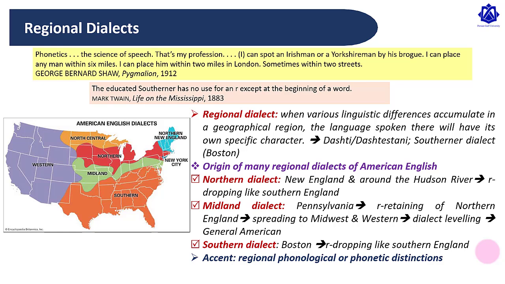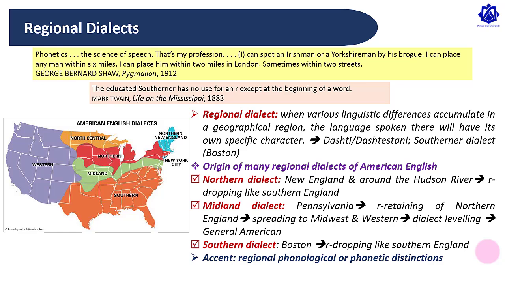And based on that, there are lots of dialects in USA, but the 3 main classifications: they talk about Northern dialect, which is spoken in New England and around the Hudson River. What do they do? They drop R like what happens in Southern England, in London.